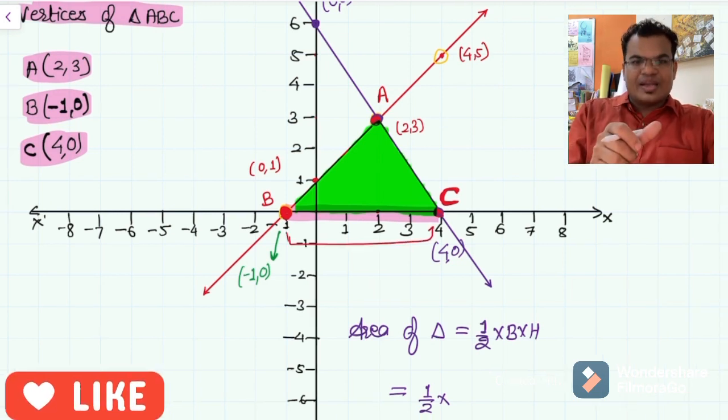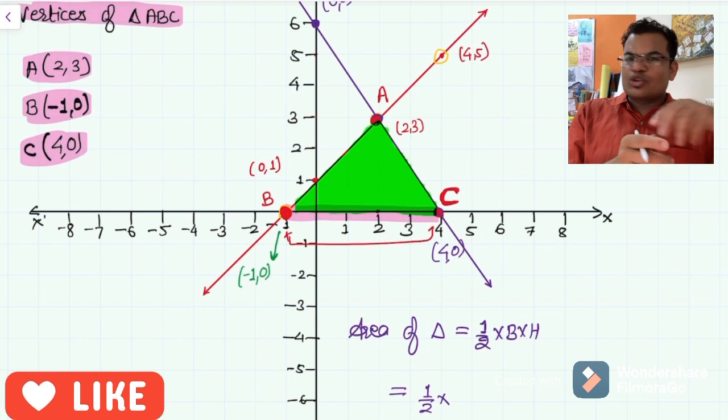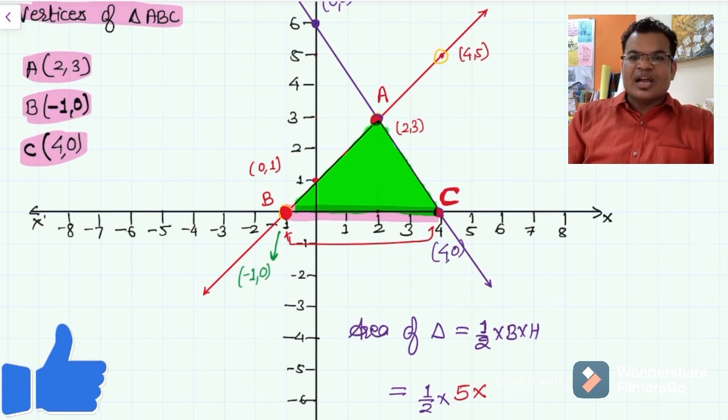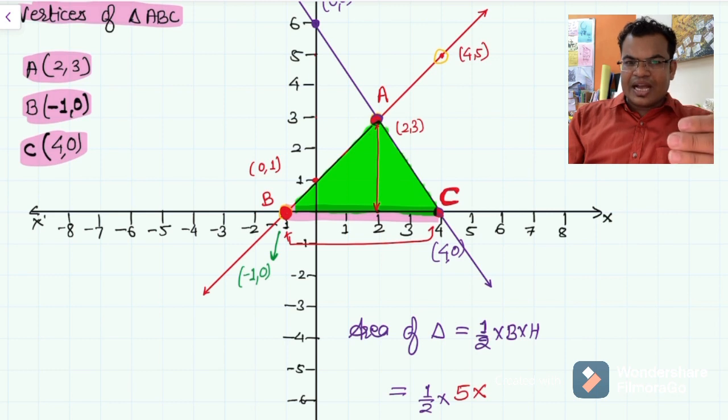The total will be your 5 units, and minus 1 is there, so don't take the minus sign, just neglect it. So 1 and 4, that will be 5, and the height will be your perpendicular. You draw the height from the vertex to the x-axis, and I can see here this is 3 units only.